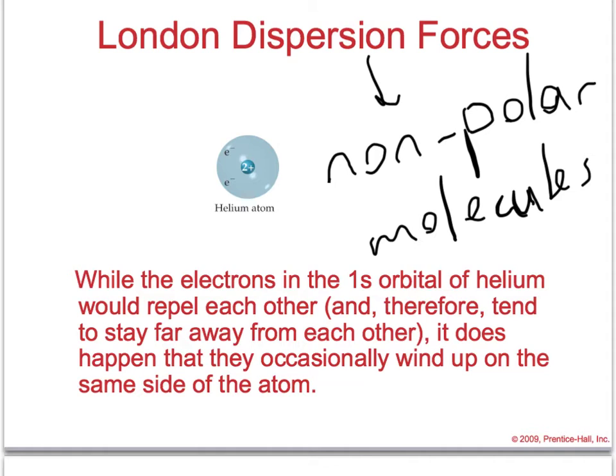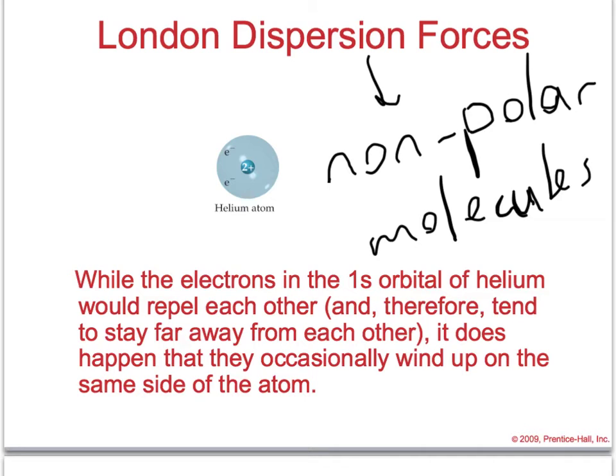In this example, we have a helium atom, and in a helium atom we may have instantaneous polarizations. At the time it happens, it's gone. It comes and goes. It happens sometimes, and it's not very strong.